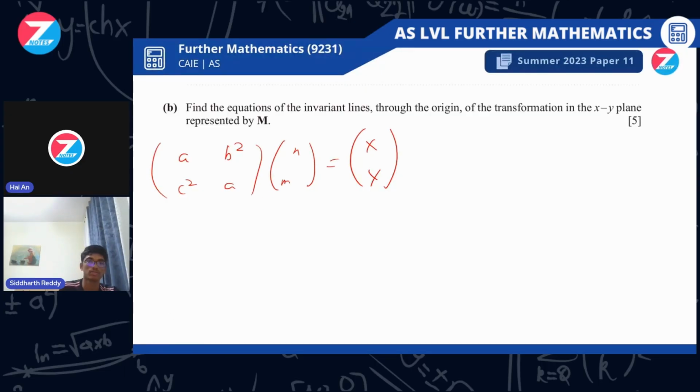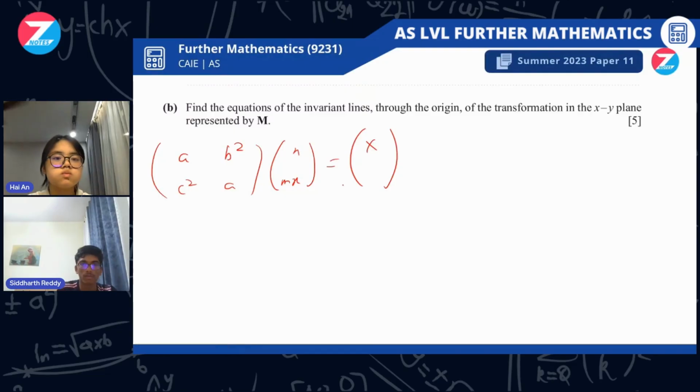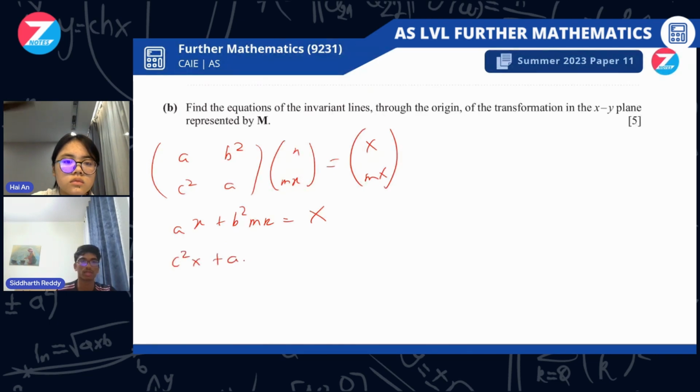And it passes through the origin, so c is equal to 0. So we just write mx, and this one we can write as capital X. So multiplying throughout, we have ax plus b squared mx is equal to capital X, and c squared x plus amx is equal to mx.